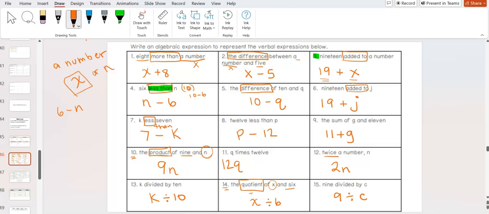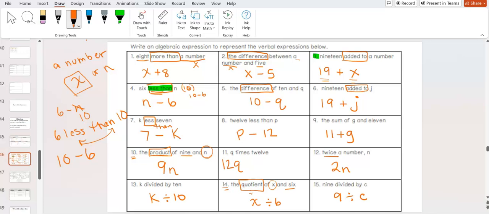So let's pretend that n is actually 10. If I said 6 less than 10, that would be 10 take away 6. Do you see how it flip-flops? This phrase less than is flip-flopping.